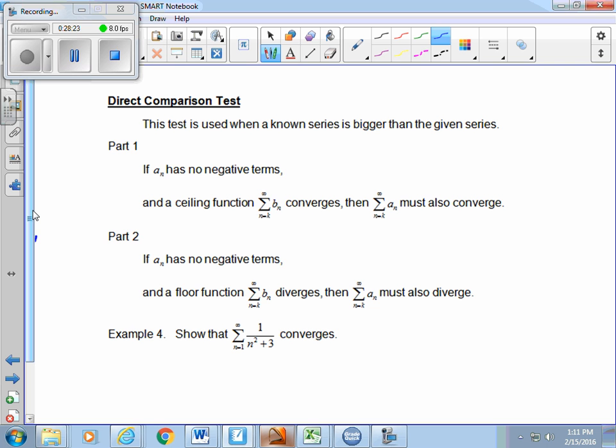Direct comparison test. This test is used when a known series is bigger than the given series. There are two ways we can use a direct comparison test. If we know a series is bigger than a divergent series, all the numbers in the series are bigger than a divergent series, then the series will diverge.